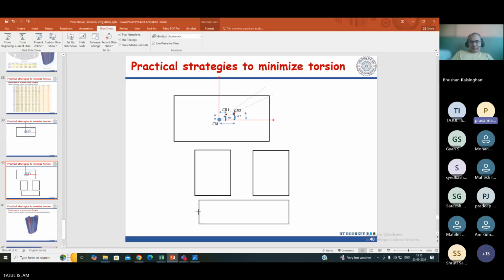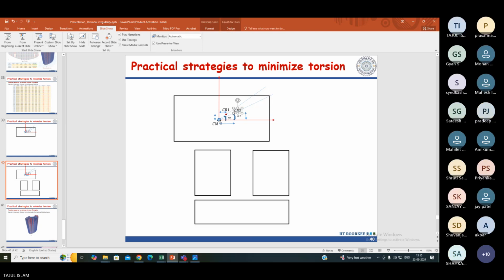Now see, when you are determining the mass of this complete structure, you add the mass of this structure, the mass of this structure, and the mass of this structure. So you get some mass center. Let's say this is my mass center. Then you determine your stiffness also, somewhere here, I don't know exactly where it will be.